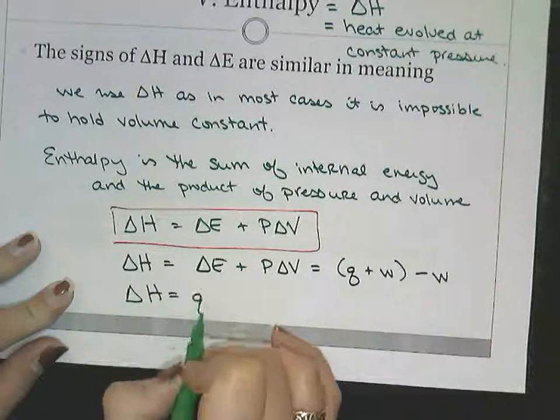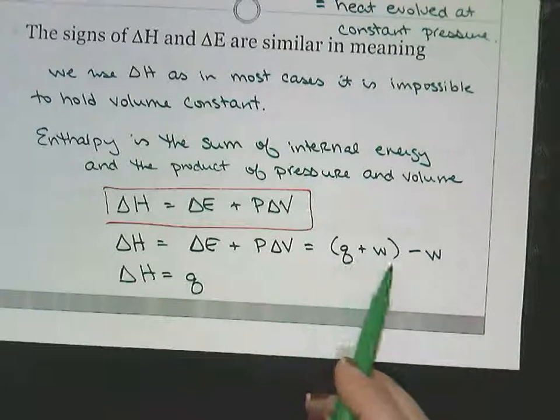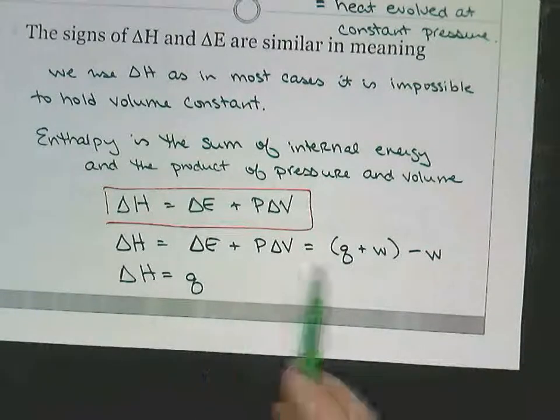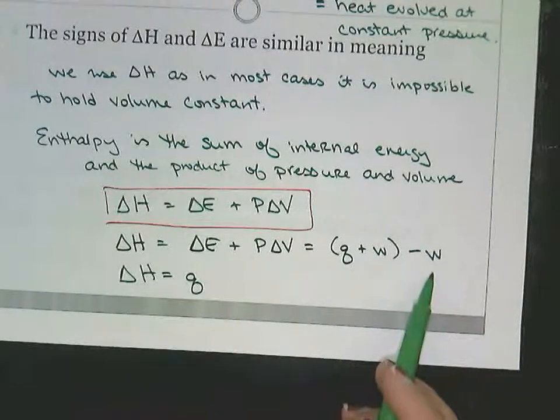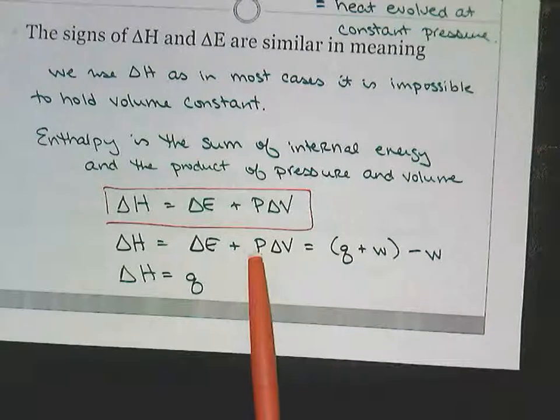E is work and heat, and P delta V is work. So enthalpy is just a measure of heat as long as pressure is constant.